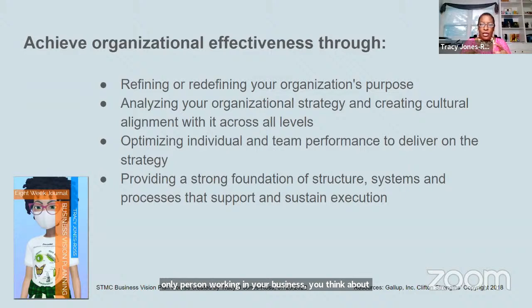You still have to connect with someone. You still have to partner with someone. So when I'm reading this to you and you're a sole proprietor, just think of it that way when I'm saying cross alignment, your culture. Third, optimize individual and team performance to deliver on your strategy. The fourth and last one is to provide a strong foundation of structure, systems, and we're going to have a lesson on systems, and process that support and sustain execution.